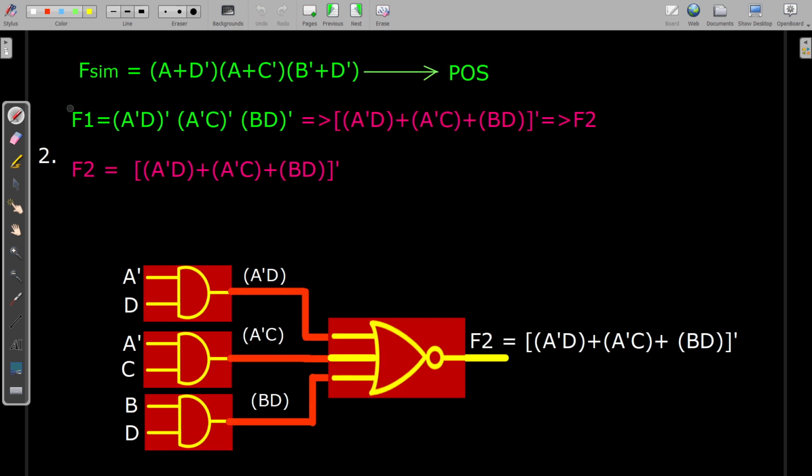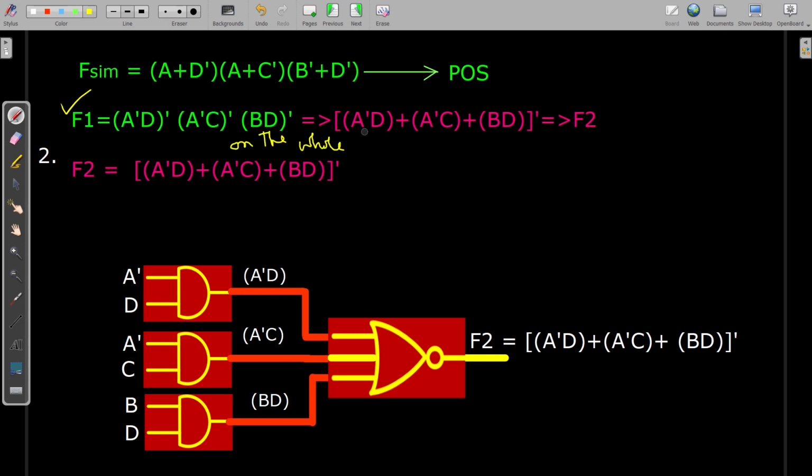Now we start with this F1 again. Okay, F1 is what? A dash d the whole dash, a dash c the whole dash, bd the whole dash. For these three terms we are going to apply De Morgan's on the whole.